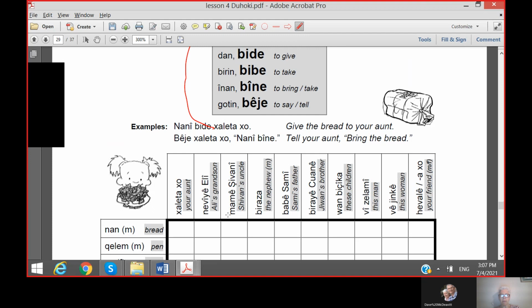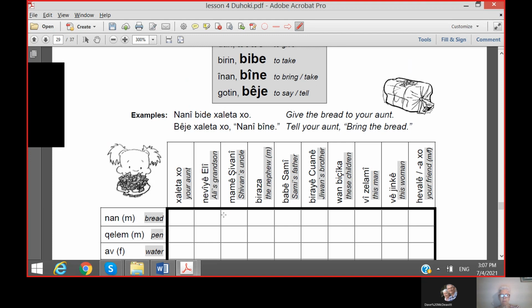So, for example, you could say Nani. So if you're going to go somewhere in this first row, if I want to put my mark here, before I put my mark, I have to say a sentence.